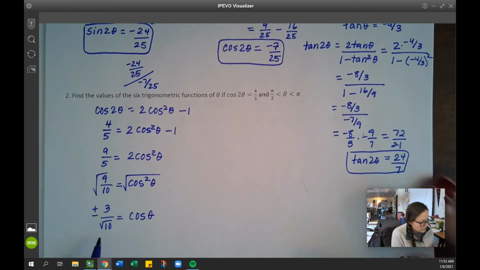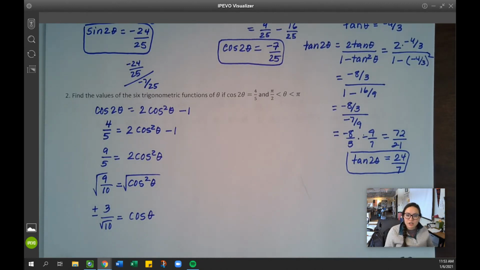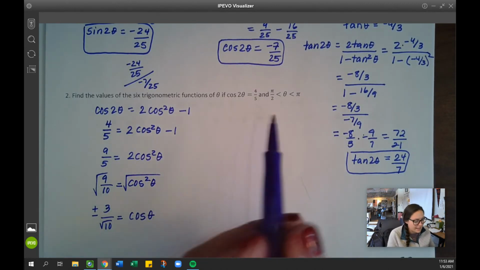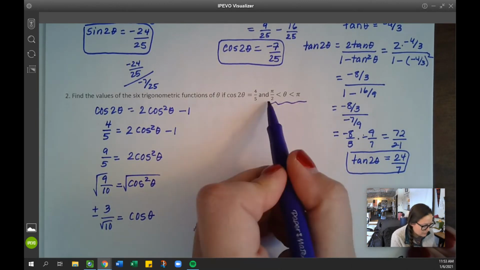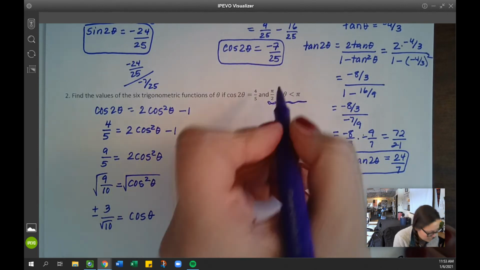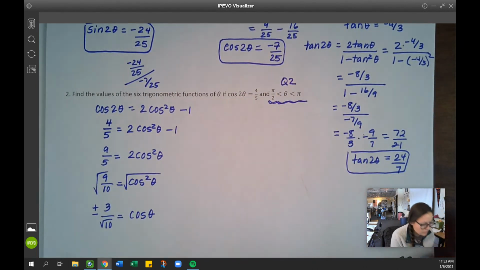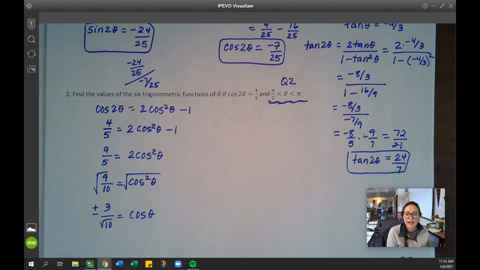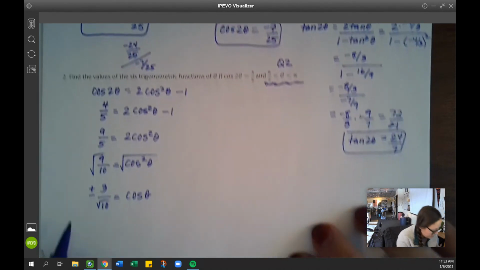Now, I have to figure out whether I want the positive version or the negative version, and that's where this piece of information comes in right here. This tells me that theta is in quadrant 2. If I'm between pi over 2 and pi, that means the angle is in quadrant 2. And in quadrant 2, cosine is negative.